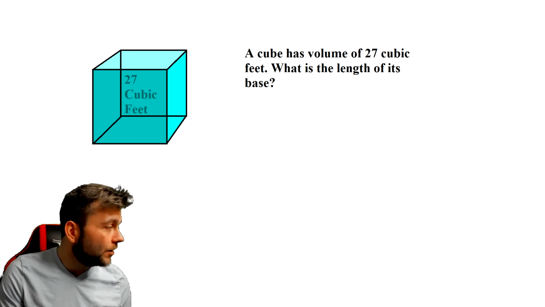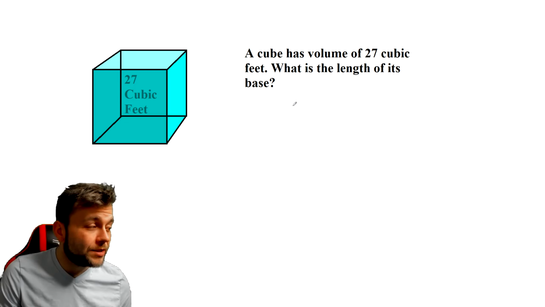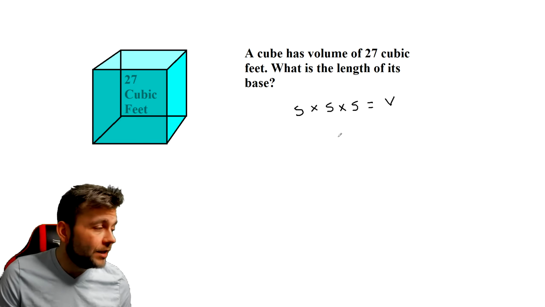So the way to think of the problem is, a cube has all sides the same. You're finding the volume, so it's 3 dimensions. So it's side times side times side, and that equals volume. All we are given is 27.